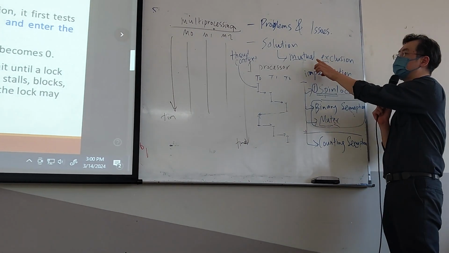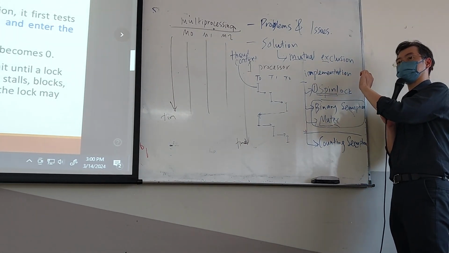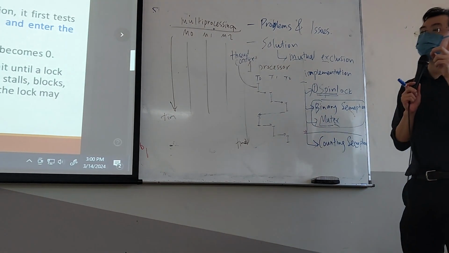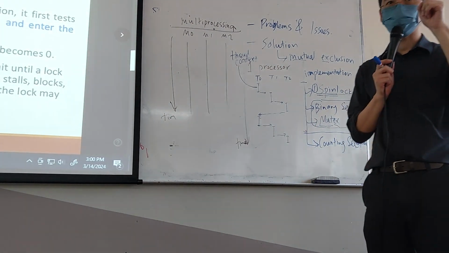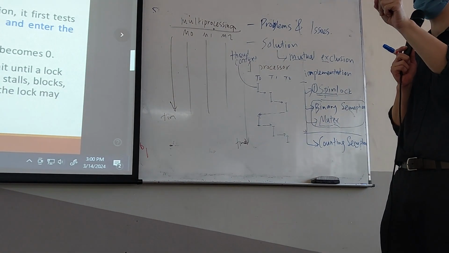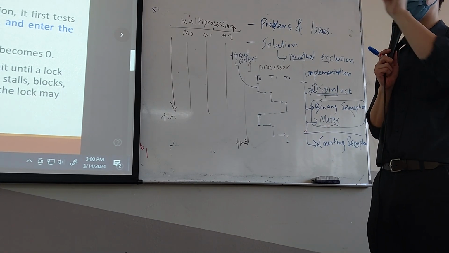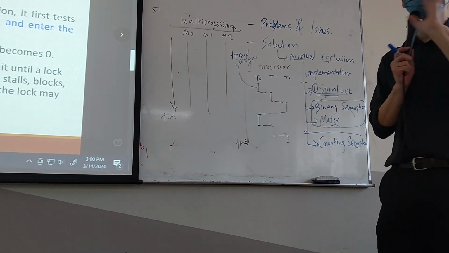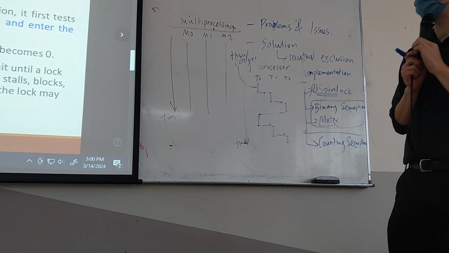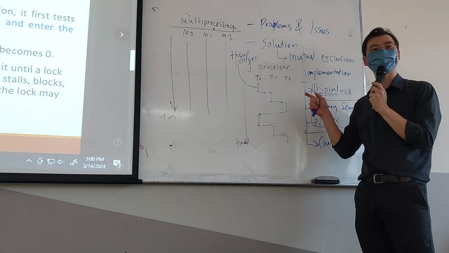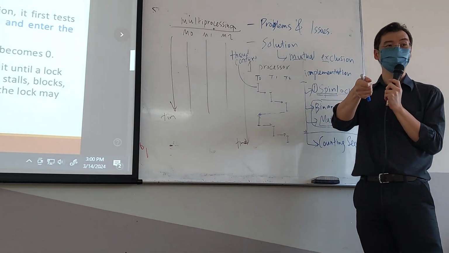I want to implement mutual exclusion. And mutual exclusion, you know that only one process or one thread can enter, do the read, modify, write. While that thread is doing that, the rest cannot. Okay? So somehow you need to lock, isn't it? You have to lock, isn't it?